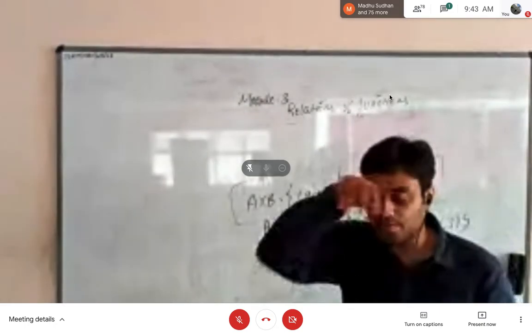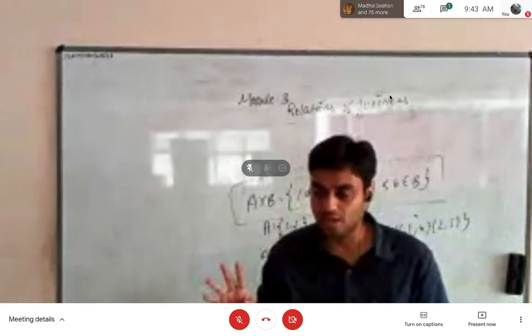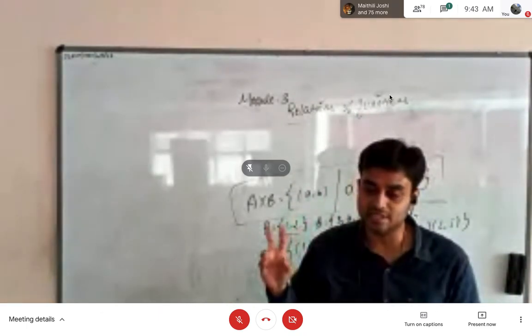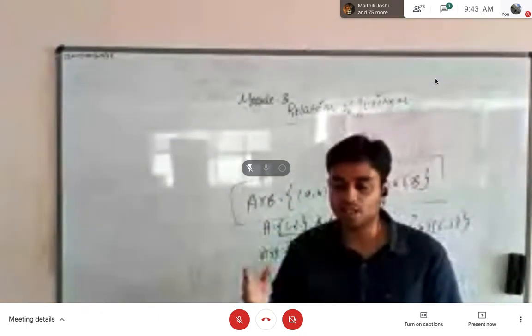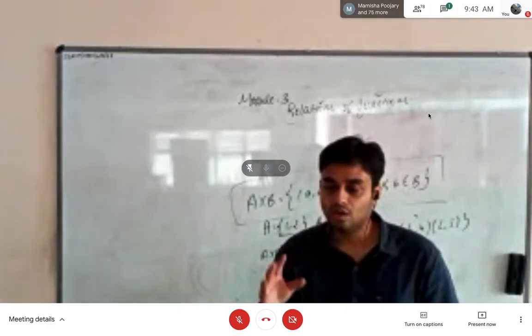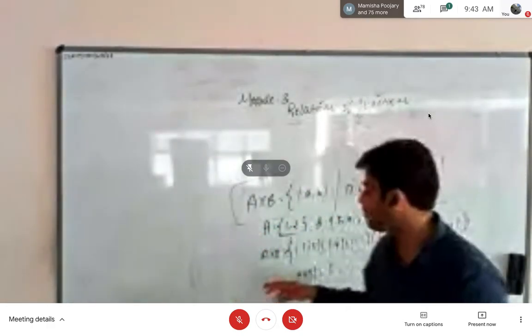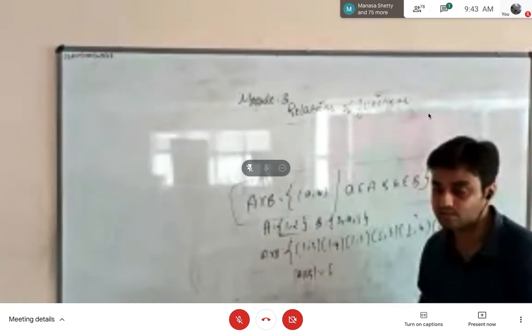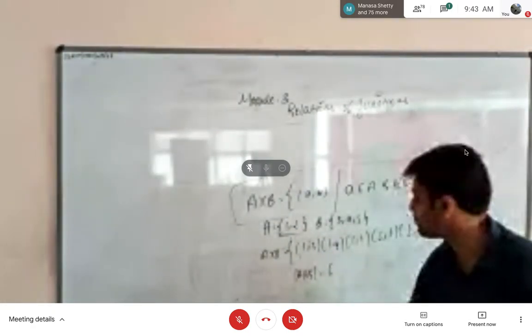Previously, we found the Cartesian product between two sets with 2 and 2 elements: set A had 2 elements and set B had 2 elements, and we got the cardinality of A cross B as 4. Here, we got 6. Similarly, I'll take one more example.